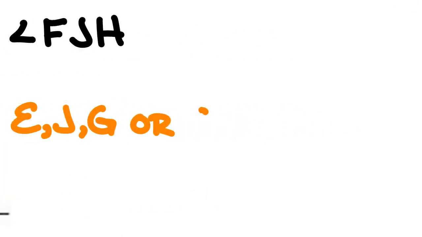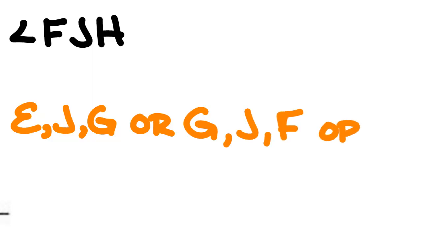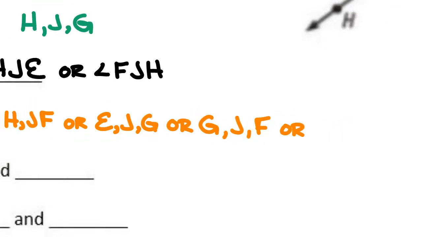G, J, F. I could keep going on and on, but like H, E, G. There are many more. I could still do a couple more, but I'm going to go ahead and stop there so that we can get to the other two parts.